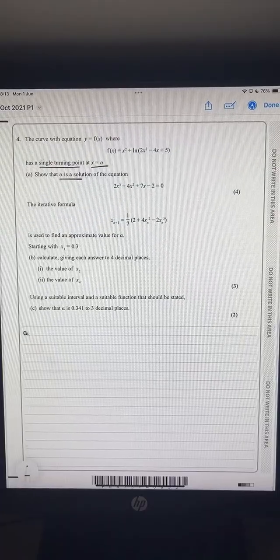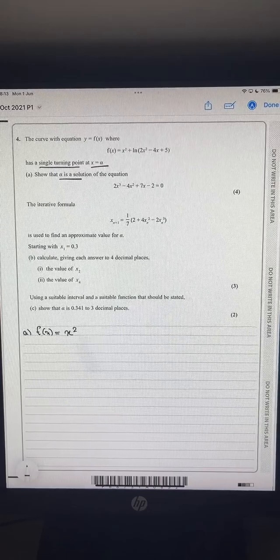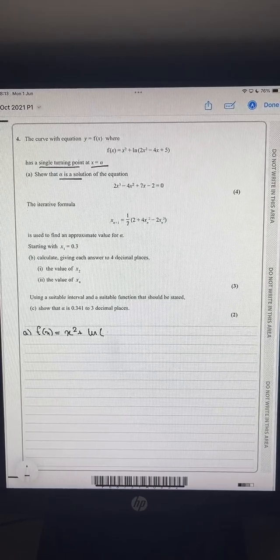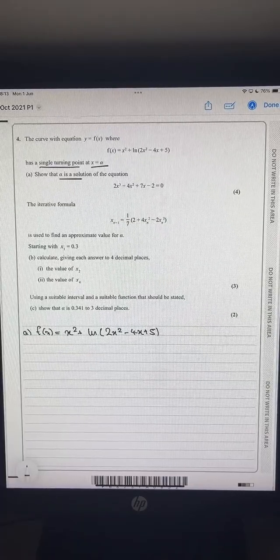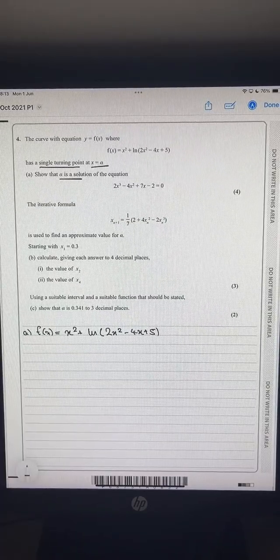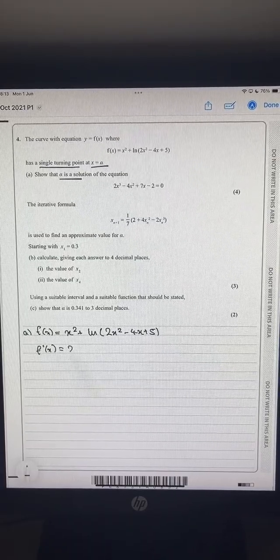So we know for part A that f of x is going to be equal to x squared plus ln of 2x squared minus 4x plus 5. And if alpha is a turning point, it means I have to differentiate. So I need to find the derivative of this function. So f dash of x is equal to 2x.